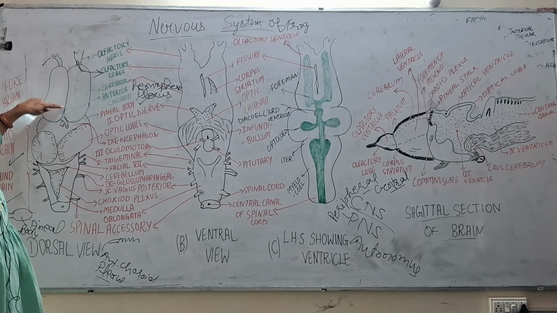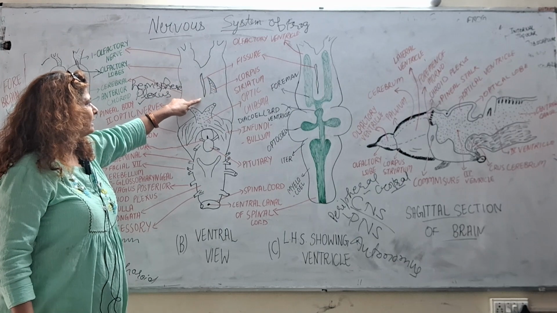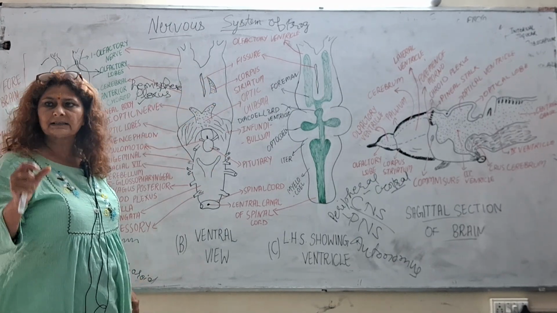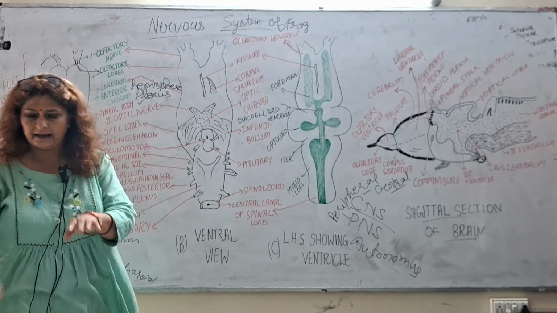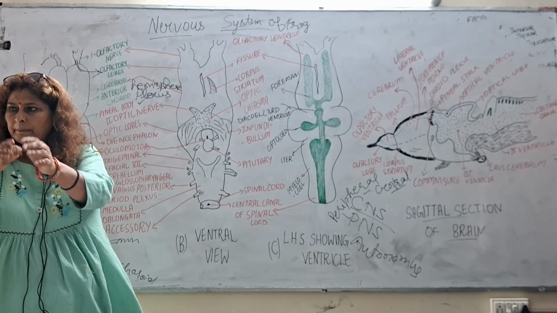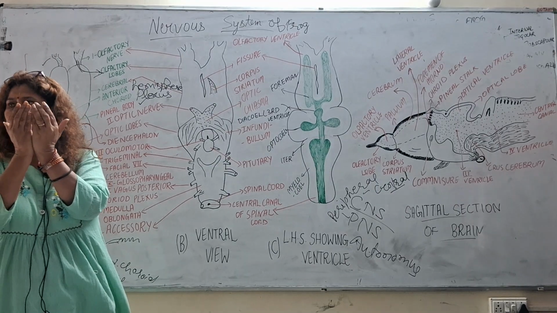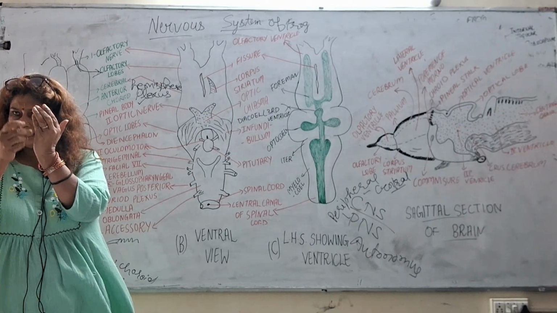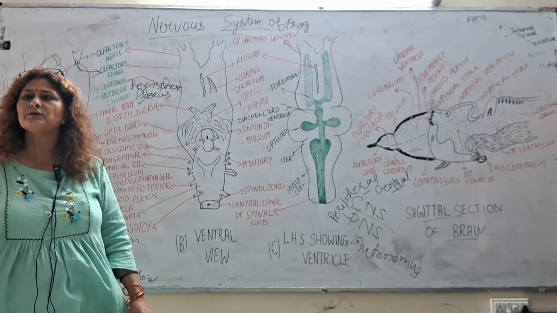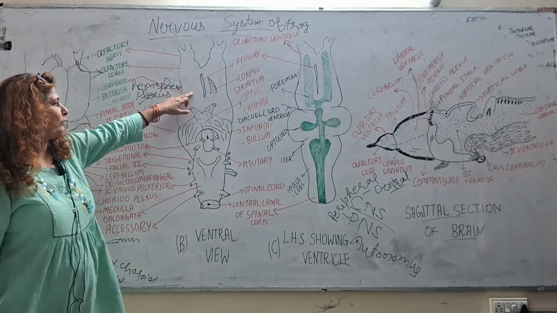On the ventral side there is a fissure, the space. On the back side there is one space between them. Why is this? For the nerves to come out. Clear? That is called the fissure.